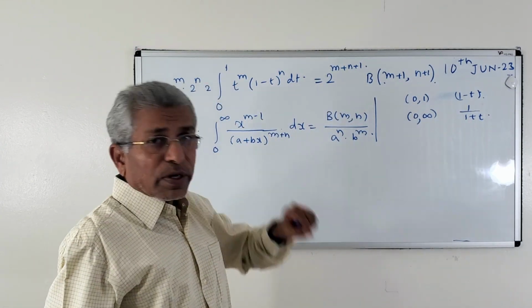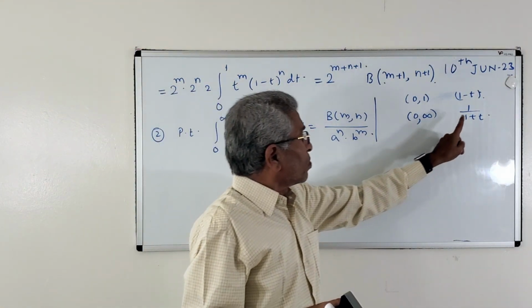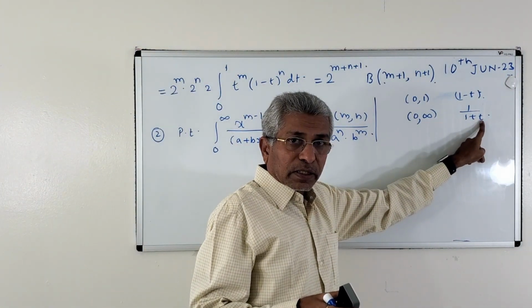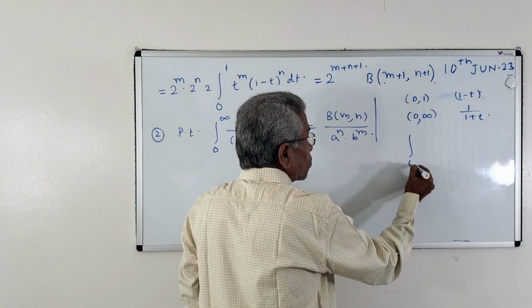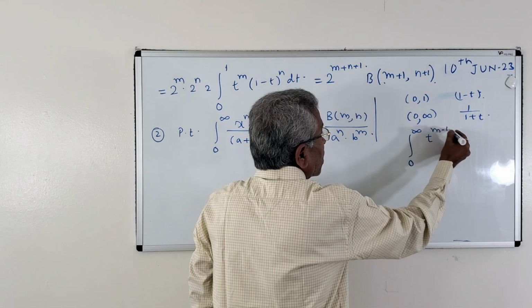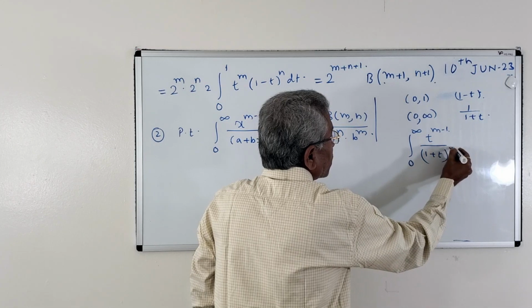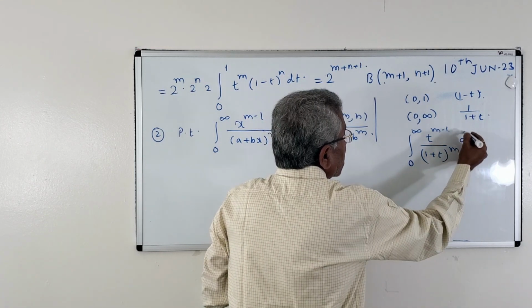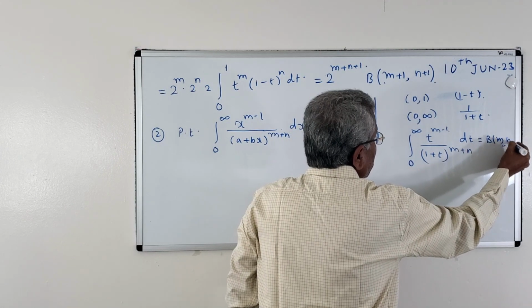So we try to compare the factors of the integrand with this factor to decide the substitution. That is, integral 0 to infinity t raised to m minus 1 upon 1 plus t raised to m plus n dt is beta m, n. This is the second definition.